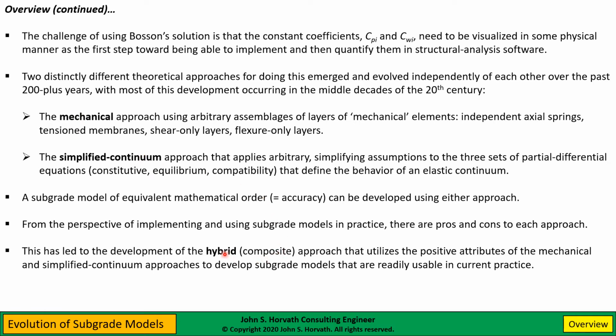We combine them into what I call the hybrid approach. And this really gives us hybrid models that are pretty good, I think, and most importantly, usable in current practice worldwide in structural analysis software that any structural engineer can access.